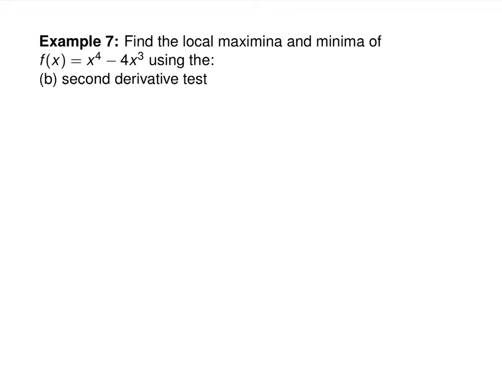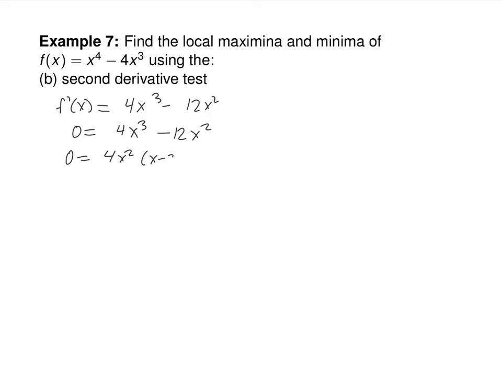Where's the maximum? Now, to use the second derivative test, first thing you do is set f prime of x, which is 4x cubed minus 12x squared, equal to 0, which we did before, right? 4x squared times x minus 3, and we found x equals 0 and 3.